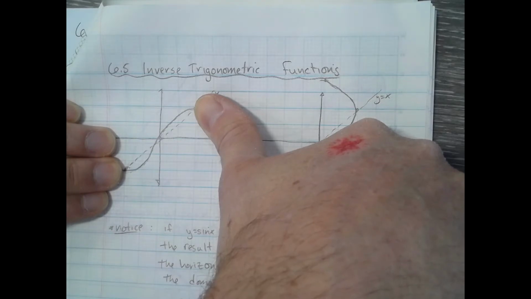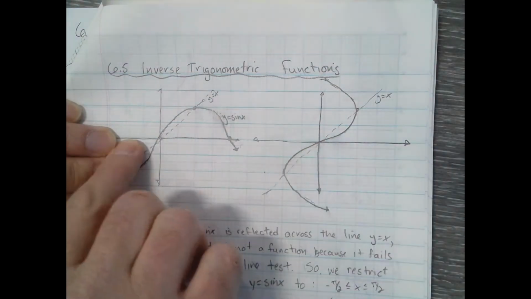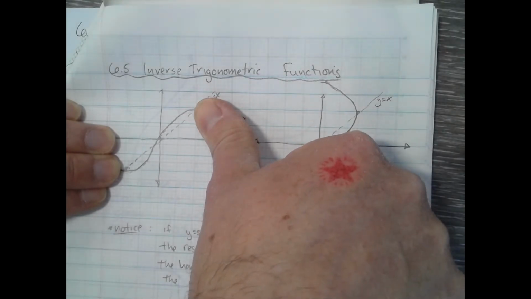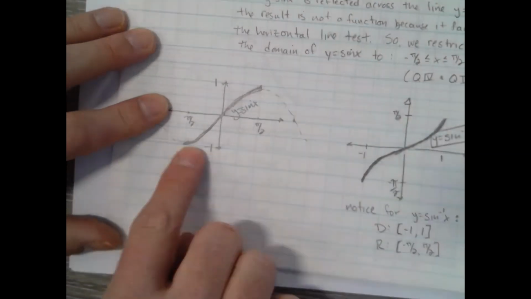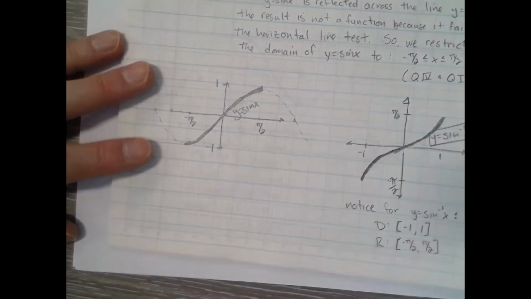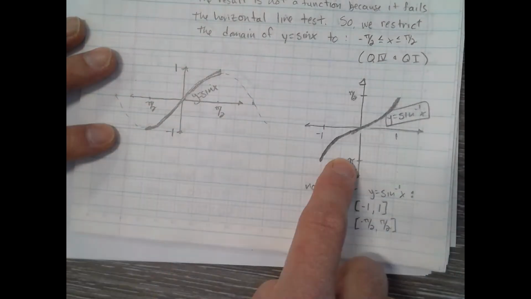So we only use a portion of sine x, from negative pi over 2 to pi over 2. That's the portion that we use. So then the inverse of it will look like this.